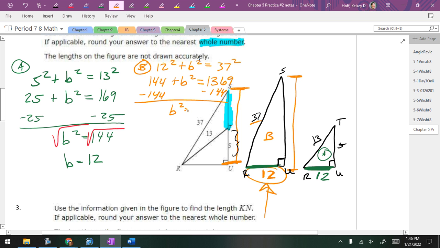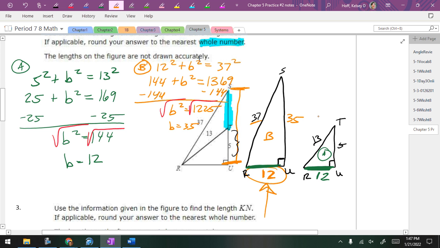B squared equals 1225. Take the square root, 35. So this side of the triangle is 35.